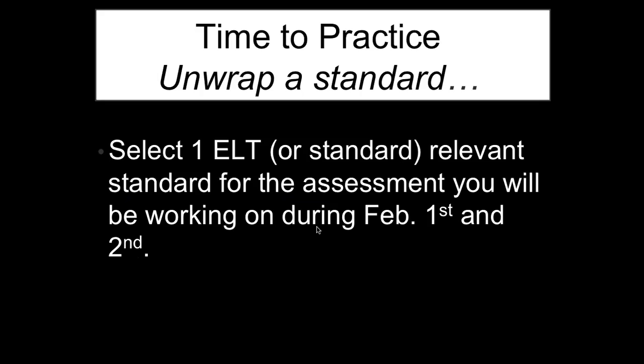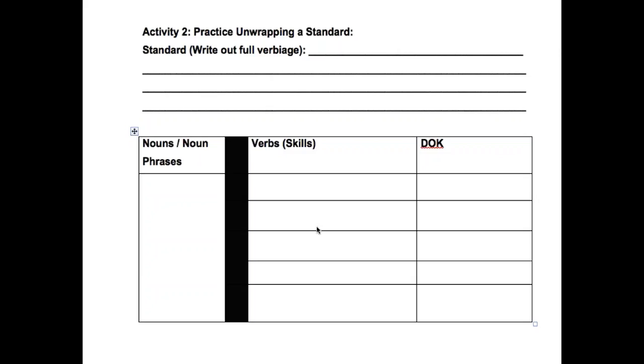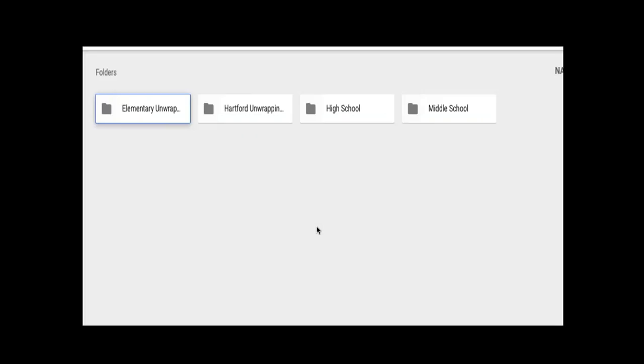So what I'm going to ask, just one small task, is that everybody take some time to unwrap at least one ELT, or perhaps a standard that you're deriving those ELTs from, relevant to the assessment you'll be working on February 1st and 2nd. I've created a little document, looks just like this, where you'll pull out the full verbiage of the standard or the ELT, and you'll have your nouns, your skills, and your DOK.